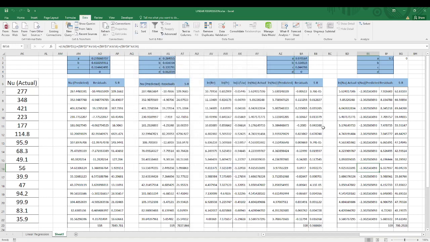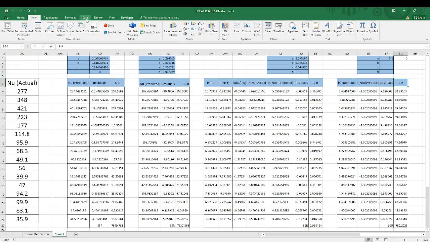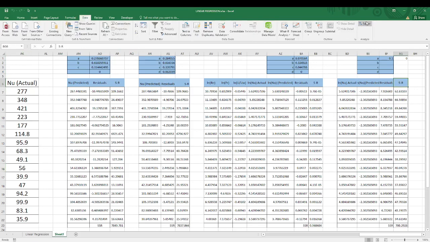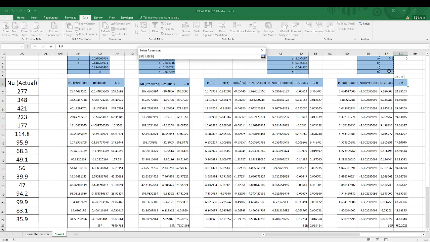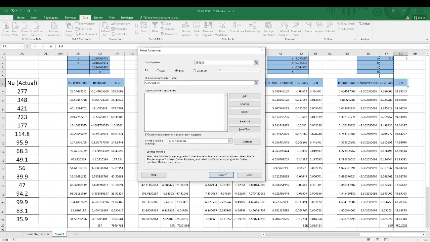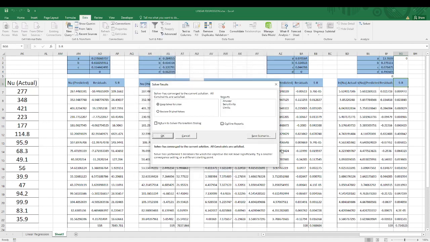Okay, have a value here. And for the second equation, solver method, changing the value of the SSR here to minimum, and by changing the four values A, B, C, D, and solve, and we have a value.